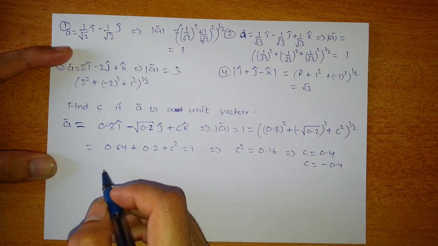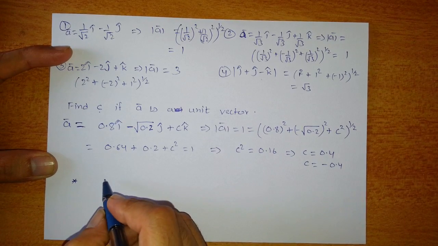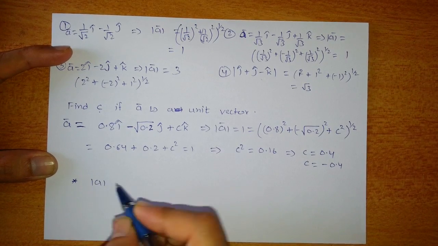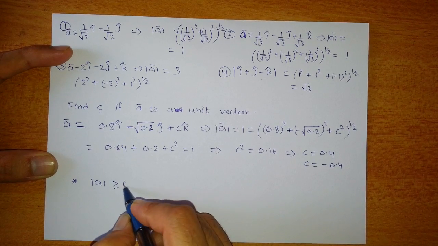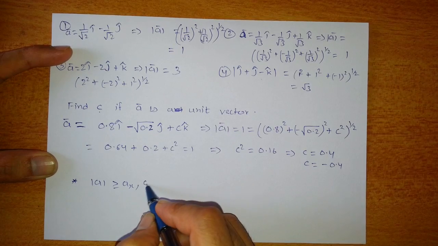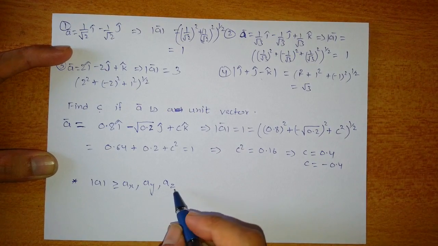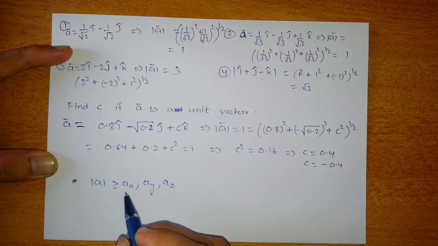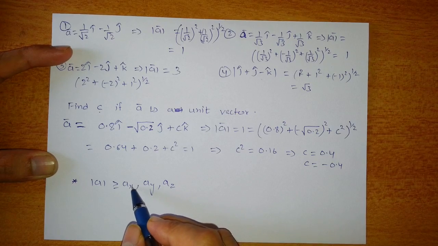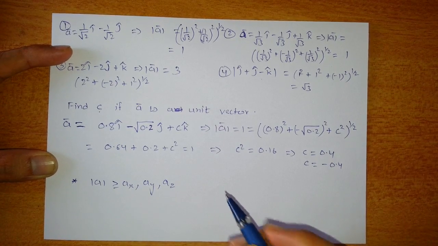Similarly, we can take a few important observations: the magnitude of A must be greater than or equal to ax or ay or az. So the magnitude of a vector will be greater than its component, or at max they can be equal if the other two are 0.